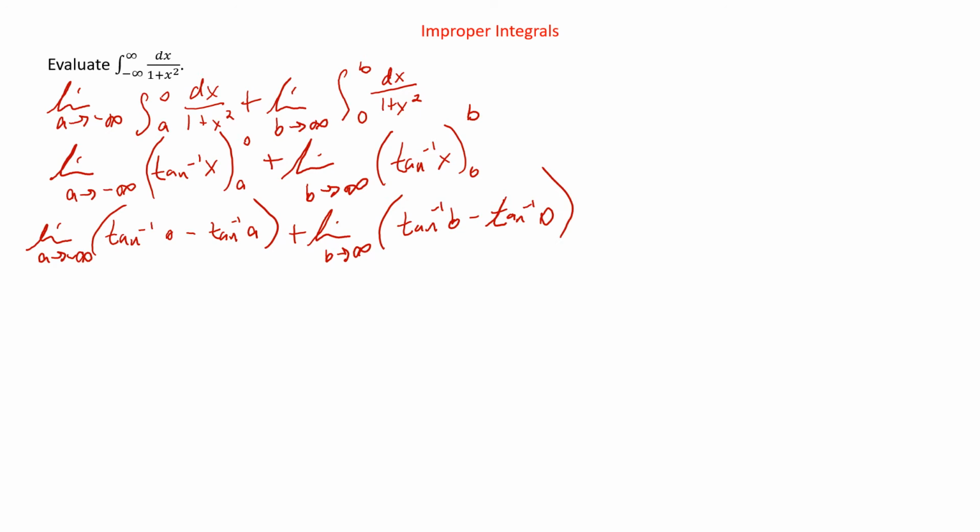The inverse tangent of 0 is 0 because when it's 0, tangent is 0. Minus inverse tangent of negative infinity, as it's getting closer and closer to negative infinity, we're getting closer and closer to negative pi over 2.